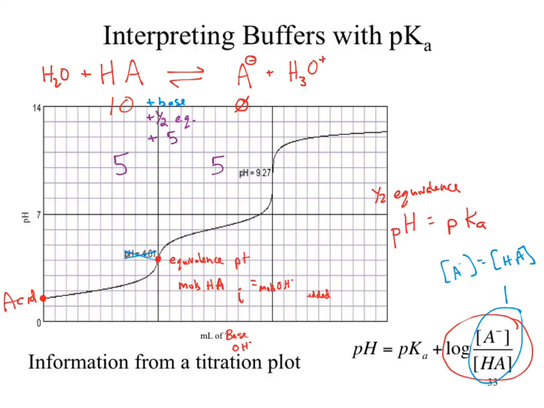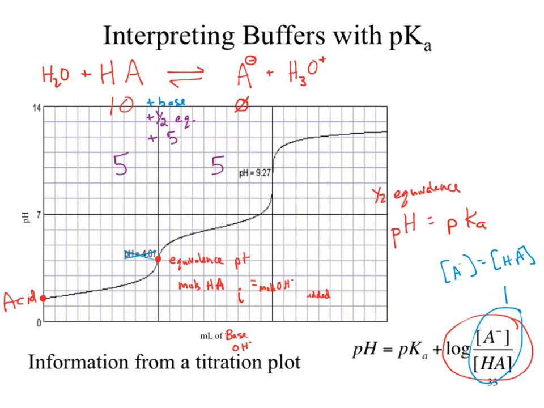Okay? And this is, to me, one of the reasons why this is confusing. Because our equivalence point was the point at which our acid equaled our base. Our half equivalence point was the point at which our base equaled our acid.